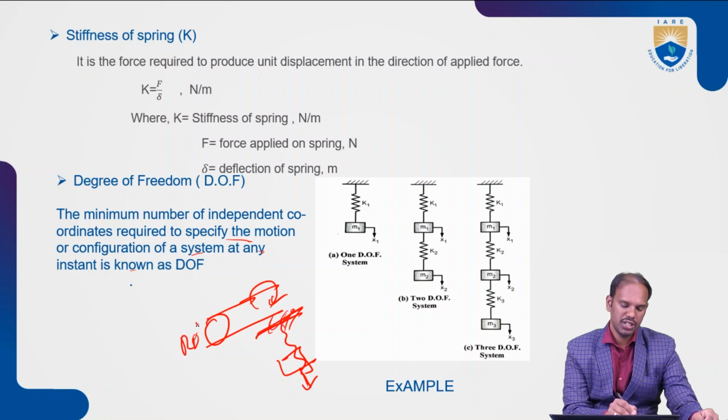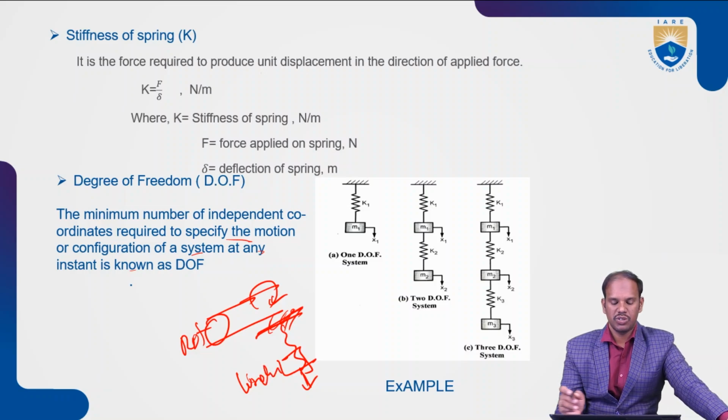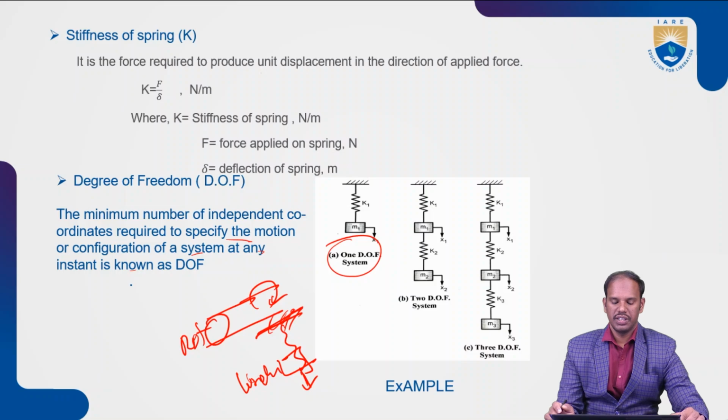It is a rotational motion and a linear motion. In this 1 degree of freedom example, X is moving downwards, so there is 1 independent motion.